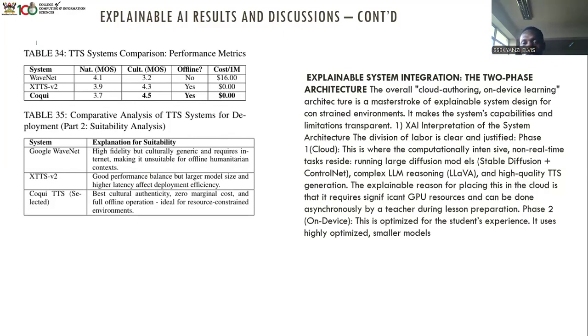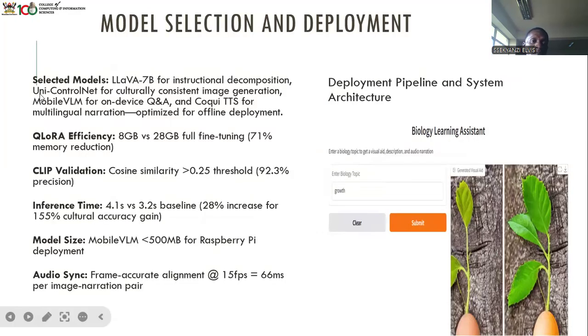The explainable reason for placing this in the cloud is that it requires significant GPU resources and can be done asynchronously by the teacher during lesson preparation. For model selection, we chose LLaVA, the Large Language and Vision Assistant, which has 7 billion parameters, for instruction decomposition, then unique ControlNet for culturally consistent image generation, MobileVLM for on-device Q&A, and a text-to-speech model for multilingual narration.